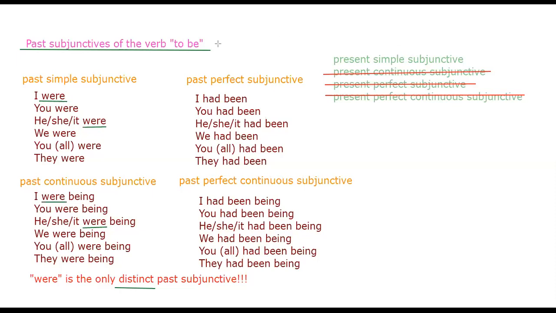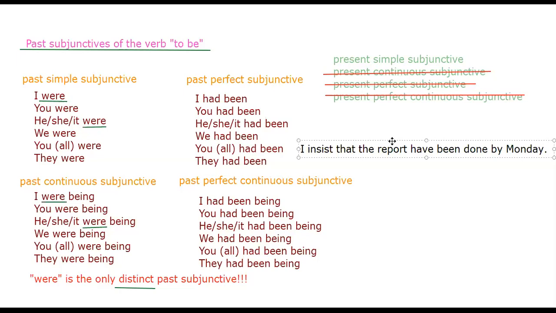Let's say we have a present perfect subjunctive. So you could say something like, I insist that the reports have been done by Monday.